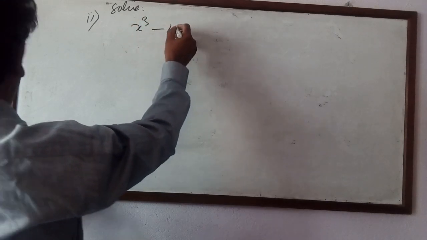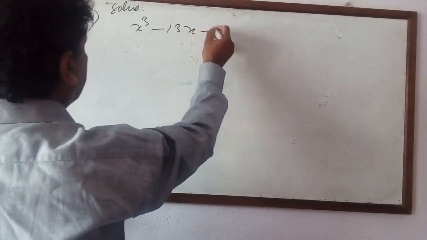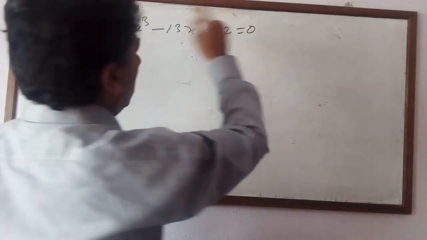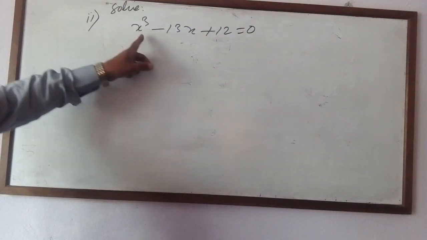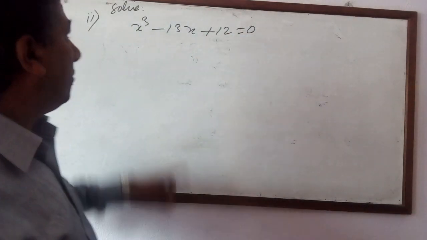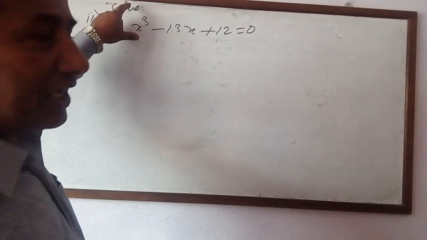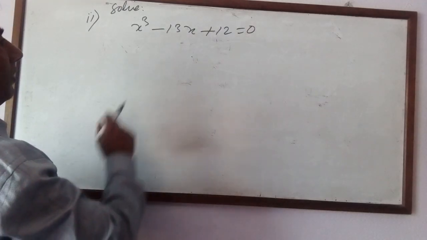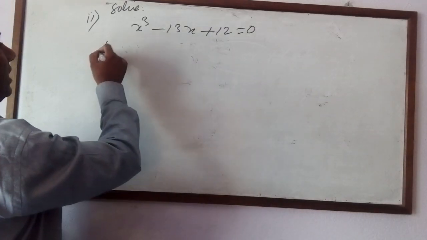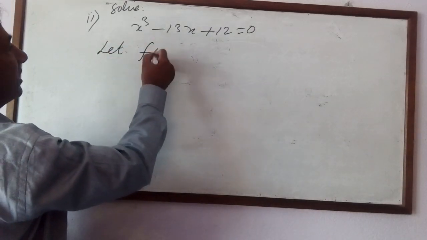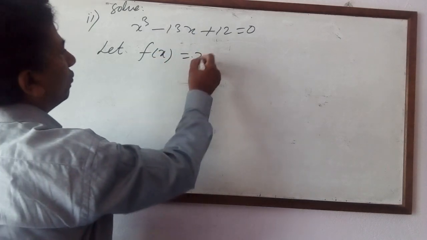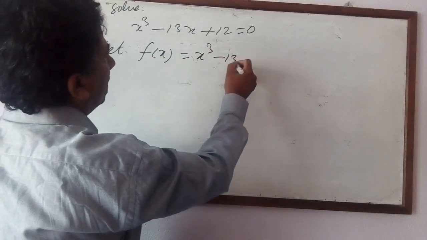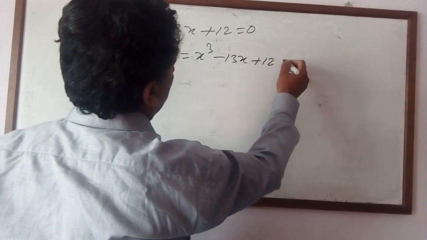Solve x cube minus 13x plus 12 equals 0. Now I have taken another equation. Here only 3 terms are there, but its degree is 3. Its degree is 3 means one term is missing there. Now that term, what is that term? You can write like this. Let f(x) equals x cube minus 13x plus 12 equals 0.